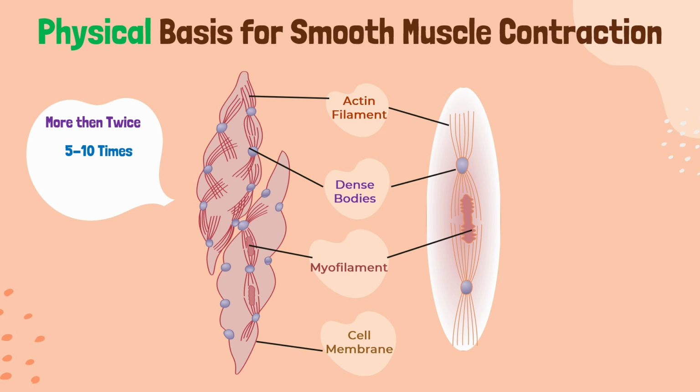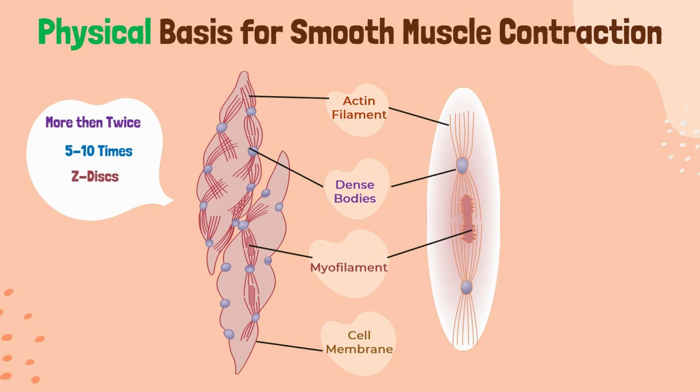The ends of these filaments overlap a myosin filament located midway between the dense bodies. This contractile unit is similar to the contractile unit of skeletal muscle, but without the regularity of the skeletal muscle structure. In fact, the dense bodies of smooth muscle serve the same role as the Z-discs in skeletal muscle.